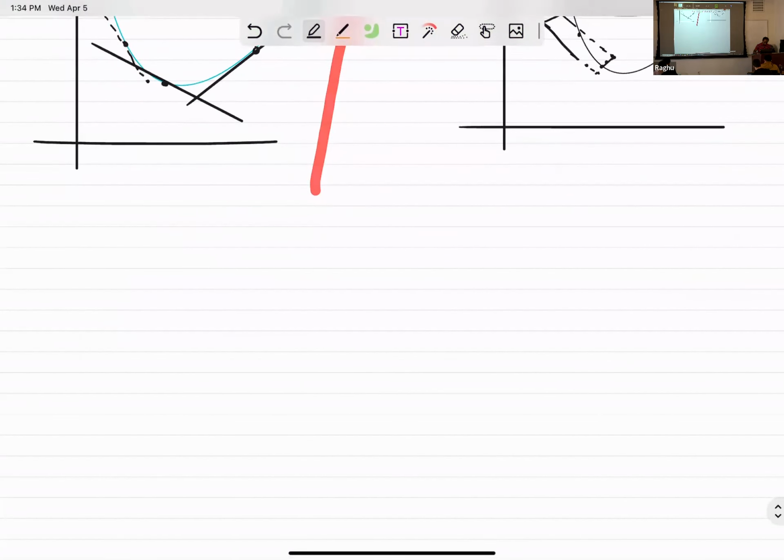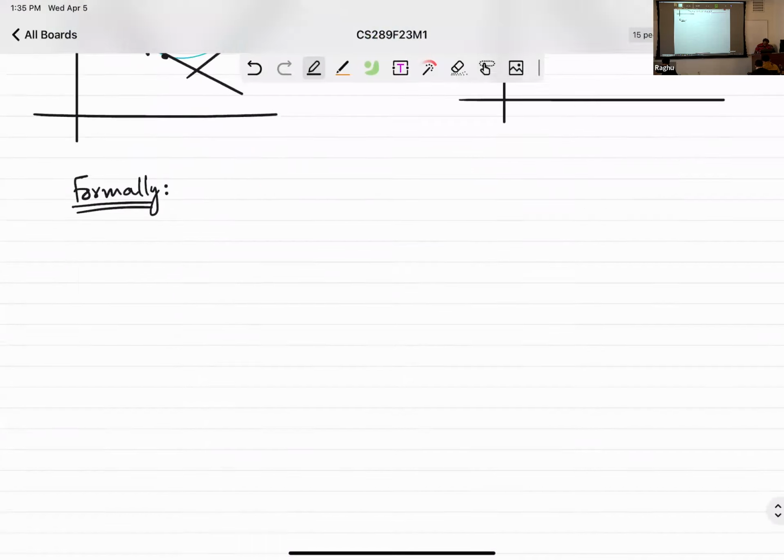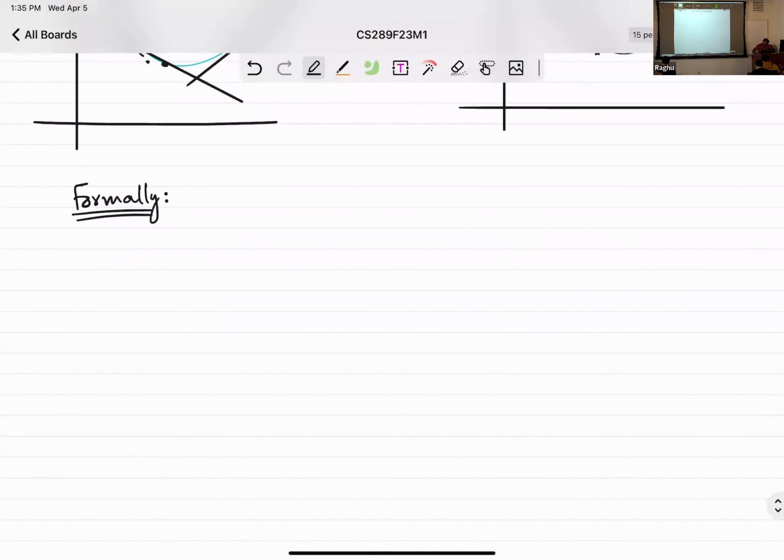And formally, you can define it by saying, if I take 2 points, maybe let me draw a different picture. So I have my curve here.